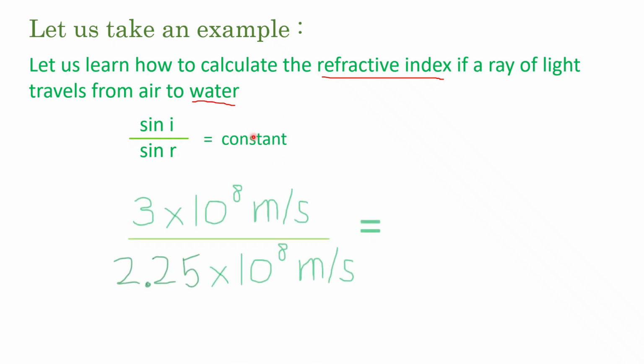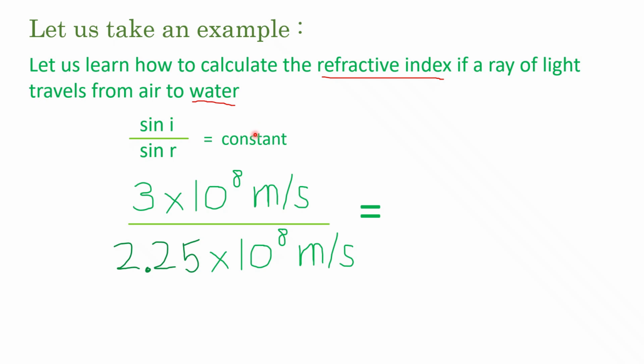This constant is refractive index. Now, refractive index is equal to, as I said earlier, speed of light of the first medium. Here the first medium will be air. Now, why is the first medium air here? Because we have to calculate the refractive index of a ray of light from air to water.